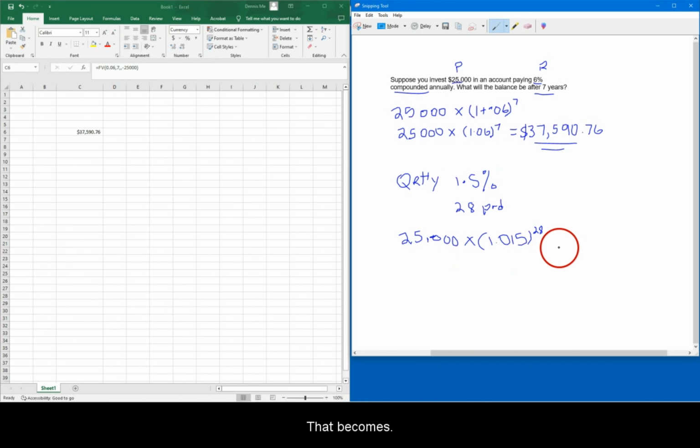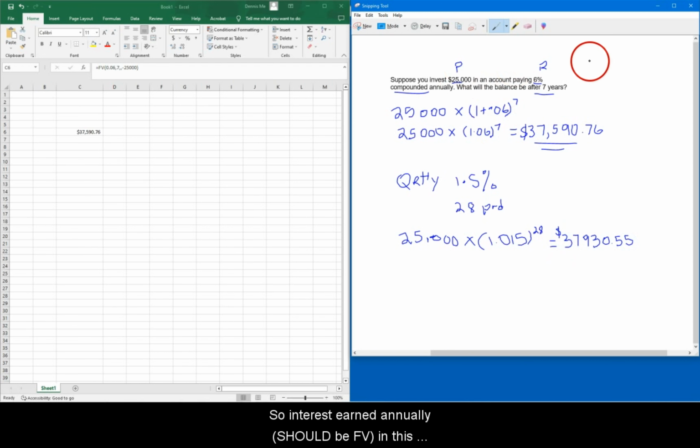That becomes 37,930.56. So the balance when interest is earned annually in this scenario would be 37,590.76. If it's paid quarterly, it would be 37,930.56. Pay attention to whether it says annually, quarterly, or monthly.